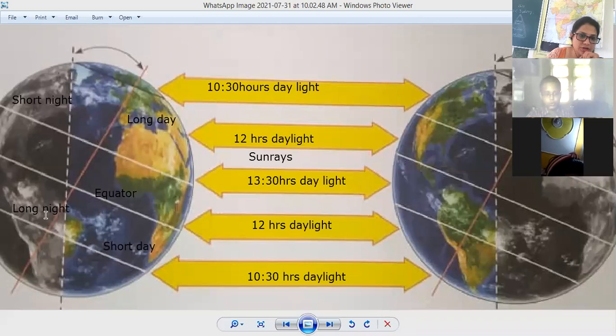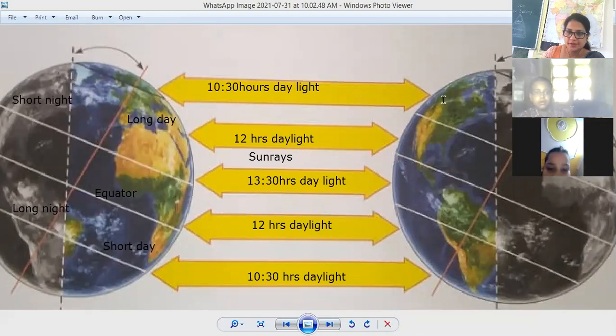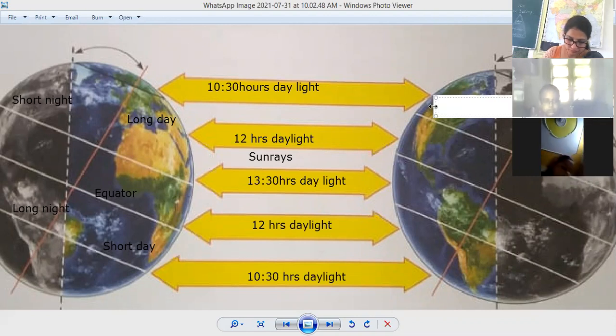Short night, long night, long day, short day, and equator. At reverse, here, right? If the long day is here, write down short day.